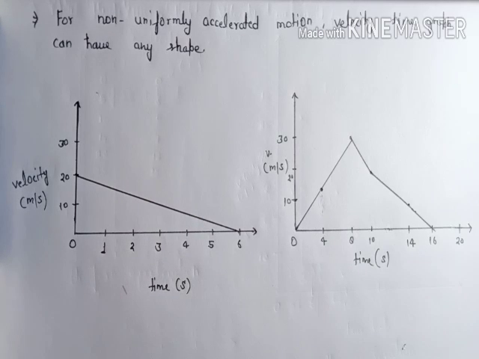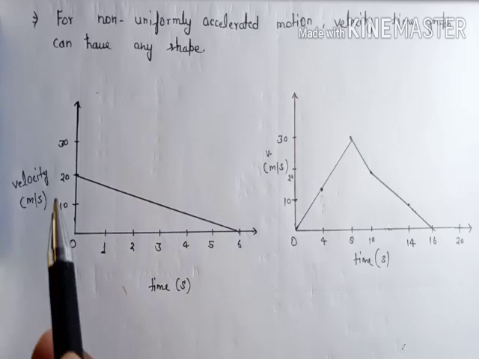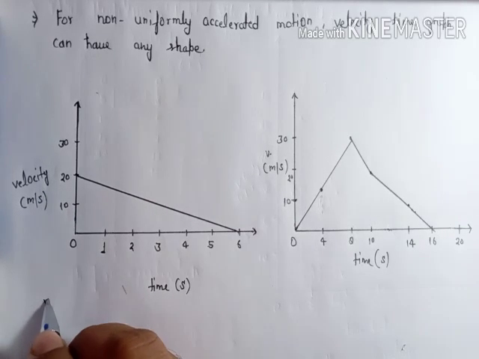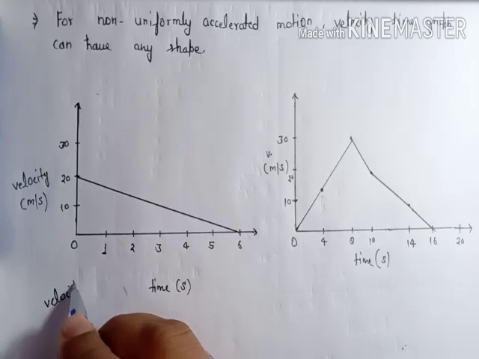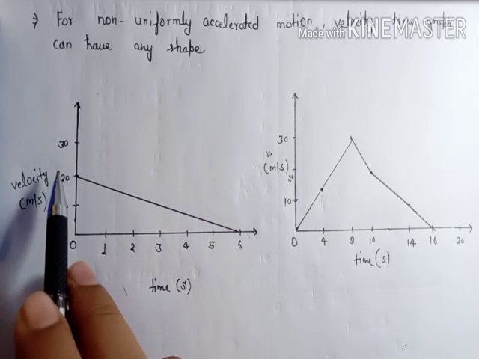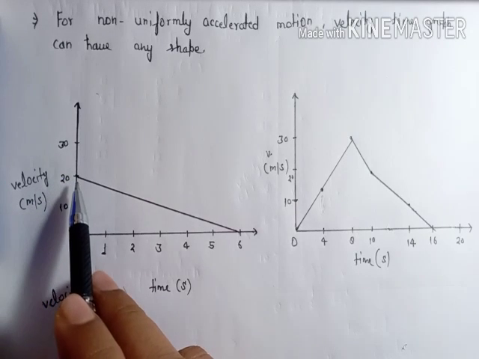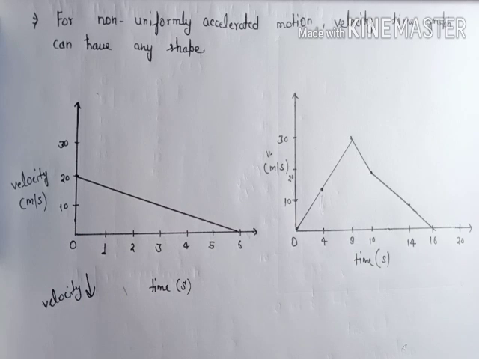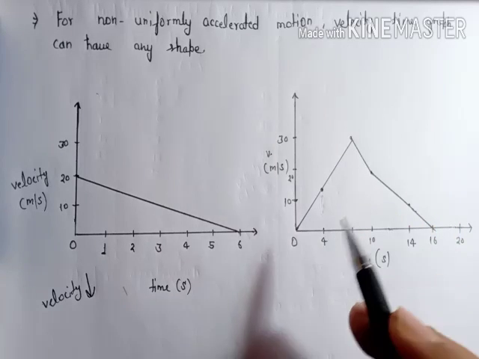Here velocity is changing, but this time velocity is decreasing. Why? Because negative acceleration, which is deceleration, is being applied. So when you see the line of velocity coming down, in this case there is deceleration.